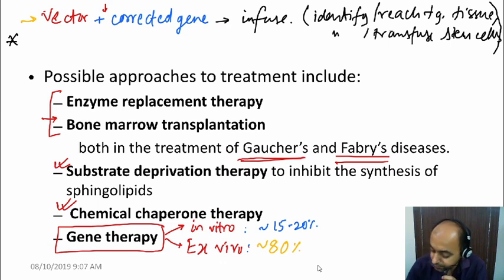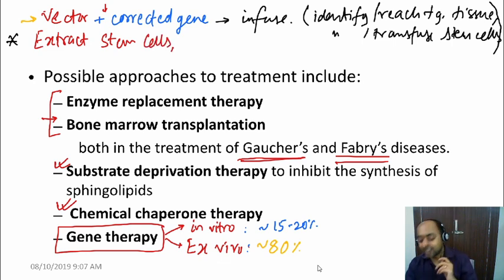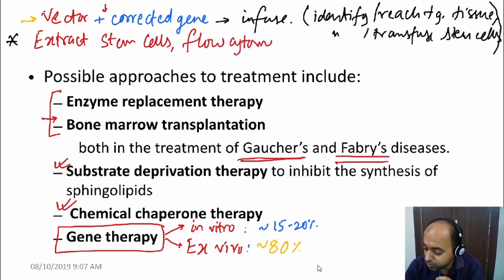So what we do there, we extract stem cells directly. We are directly extracting the stem cells by the technique called flow cytometry. Remember, flow cytometry can be used for just the identification if you're using the antibodies, or if you're using the antibody tagged with magnetic beads, they can also be used for separation. So by using antibody with magnetic beads, we use flow cytometry to extract the stem cell. So identifying the stem cell work is done.